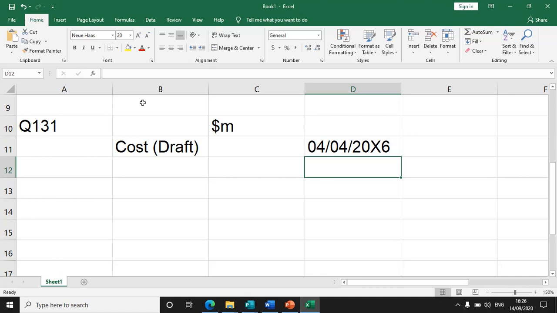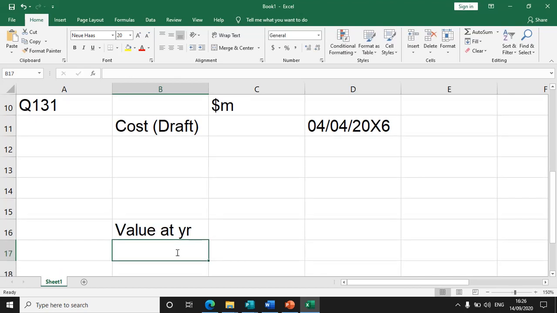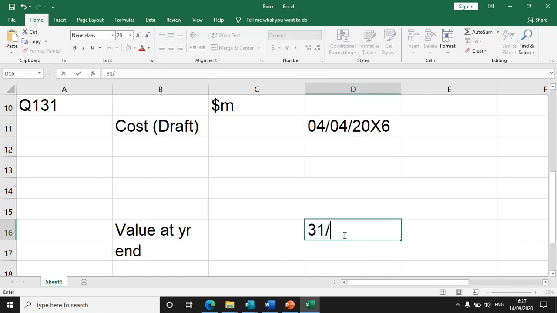Now let us see what inventory was there at value at year end, on 31st March 20x6.